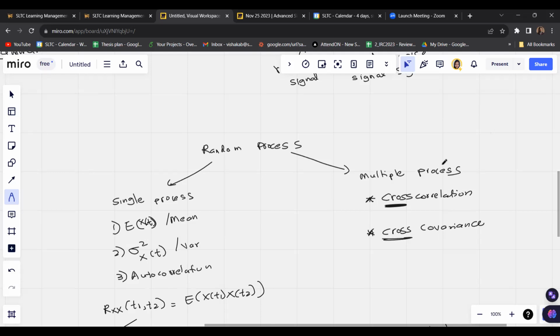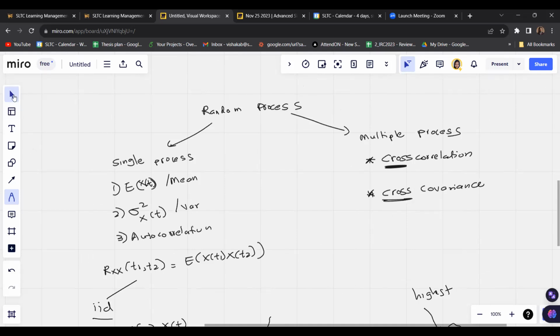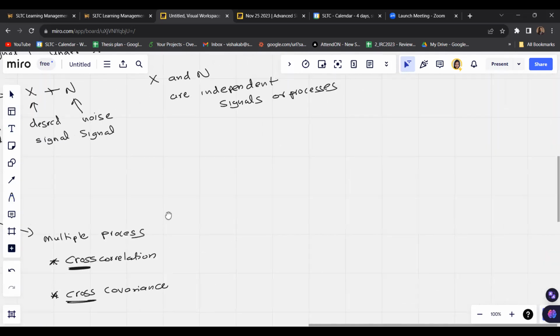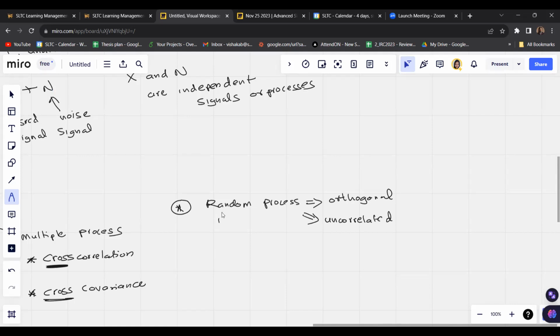So for any process, if a random process is both orthogonal and uncorrelated, by definition, we can say that it is zero mean.